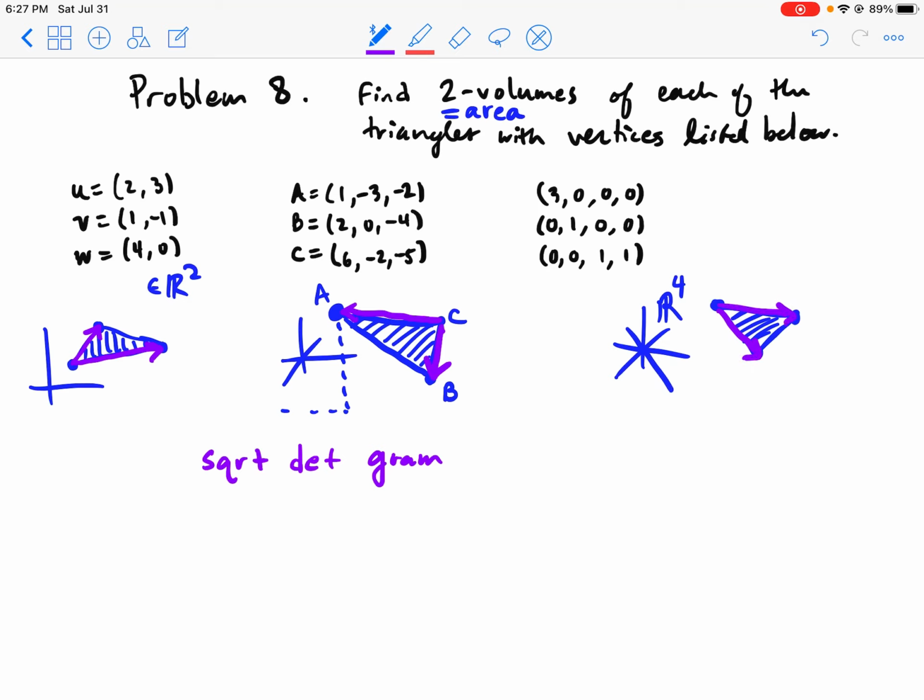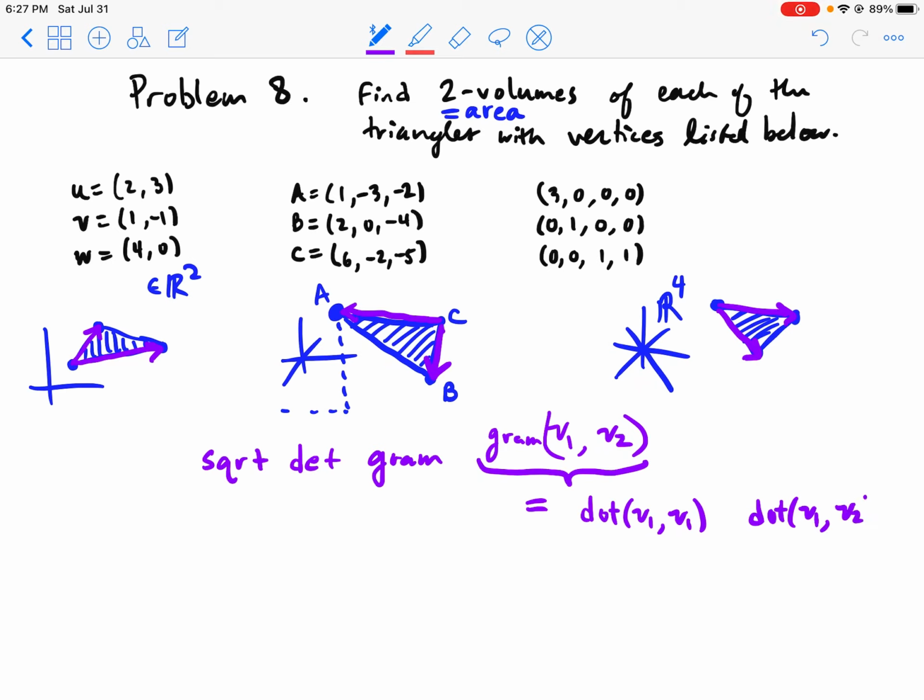Because the Gram matrix of these 2 vectors, let's call them V1 and V2, the Gram matrix of V1, V2 is equal to, well, take the dot product of V1 with itself, and then the dot product of V1 with V2, and then V2 with V1, basically all possible dot products.